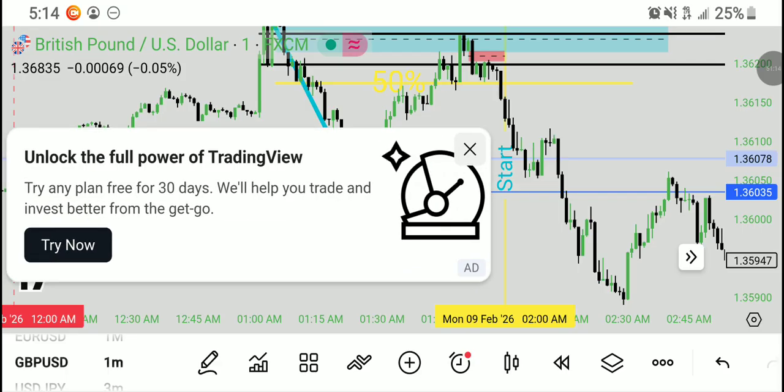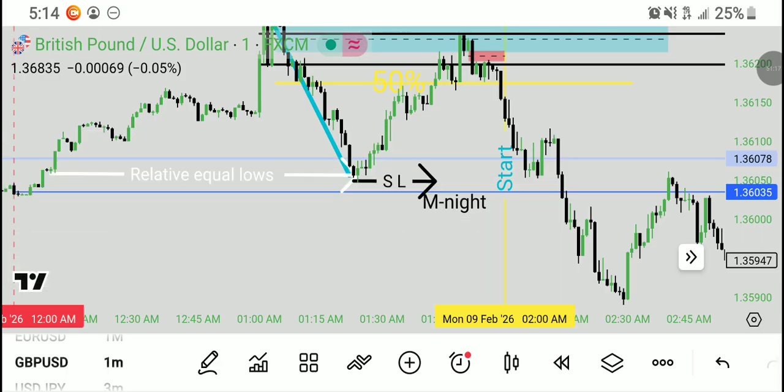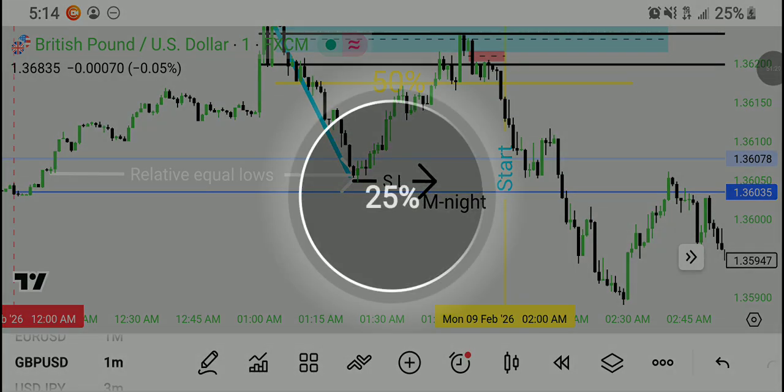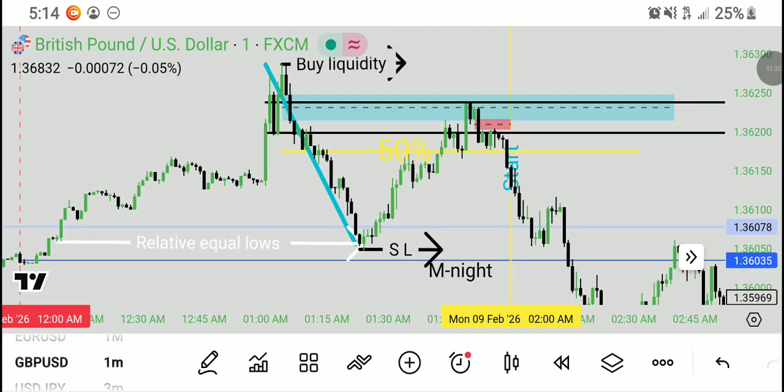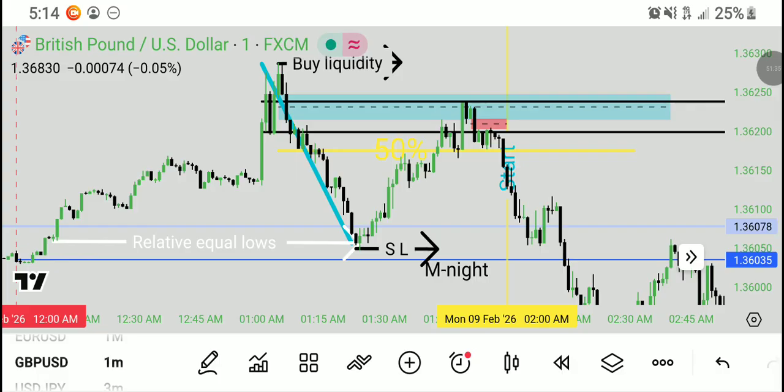If the market did not take out the gap that forms after the zone, after going back up 50% of buy side liquidity and sell side liquidity that was formed ahead of London session, from there, try to check if the market takes out the gap. If it does, don't trade again.